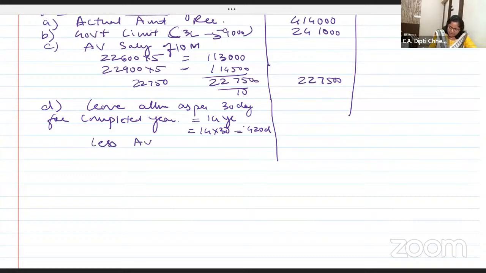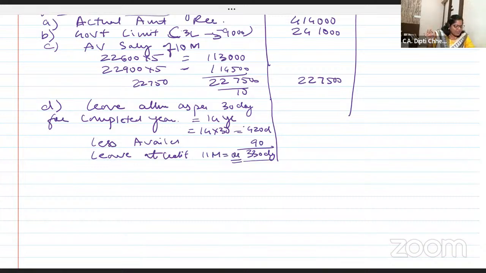Less availed. How much actual leave availed? As per 45 days या कोई भी, पर actual में 90 days की leave तो years availed. So how much is leave at credit? 330 days. Or you can take it as 11 months.